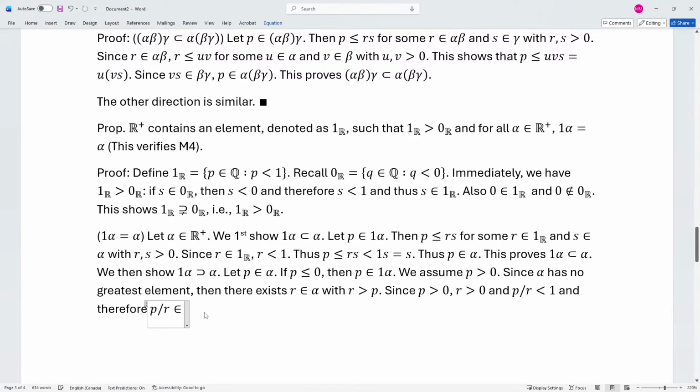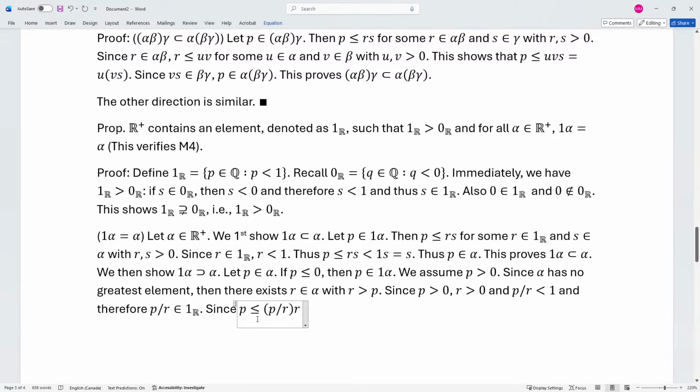Okay. So together, since P is less than or actually equal to, so less than or equal to still works. P is less than or equal to something that comes from 1, which is P over R, and then times R, right?